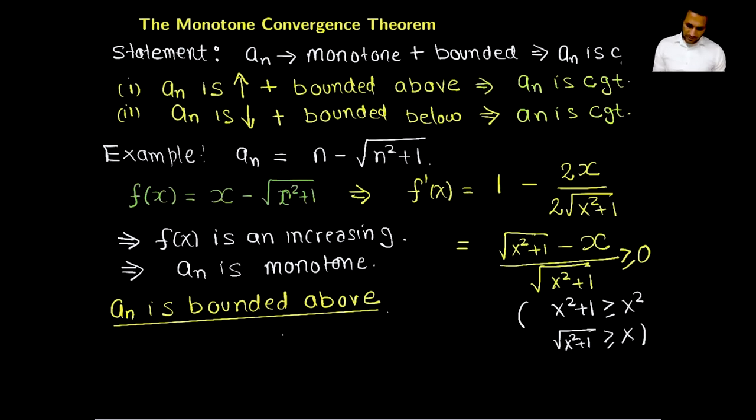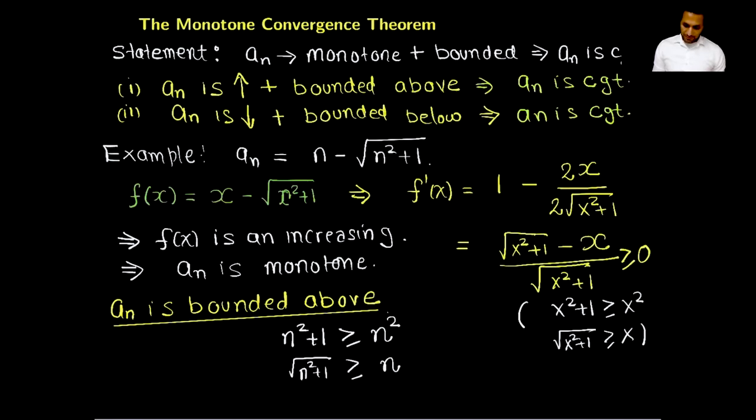First observe again, n square plus 1 is always greater than or equal to n square, because if you add 1 to a natural number's square, it is always going to be bigger than that square. So if I take the square root of this, the square root of n square plus 1 is always greater than or equal to n.